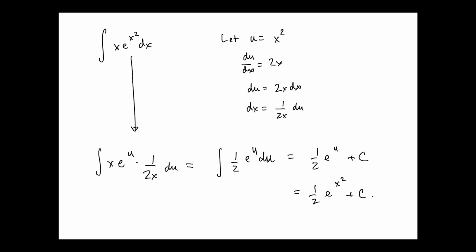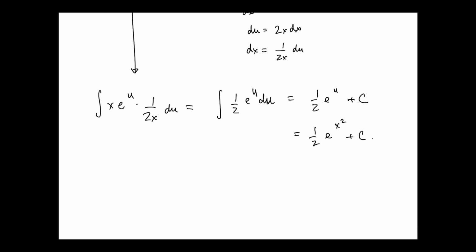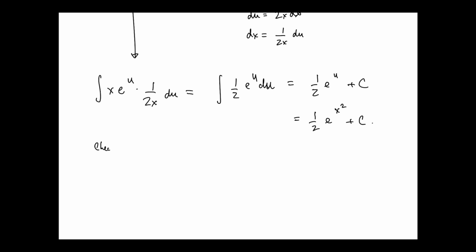So is this process kind of starting to make some sense? Okay, so how do we know that this answer is correct? Take its derivative. So sit down and write down its derivative. This is the check step.